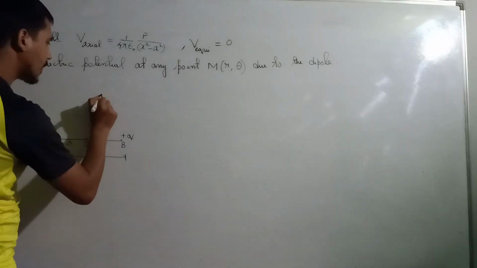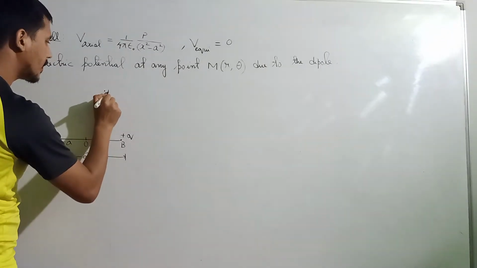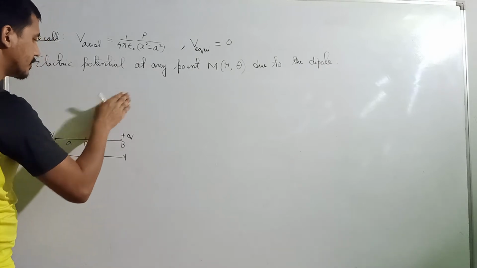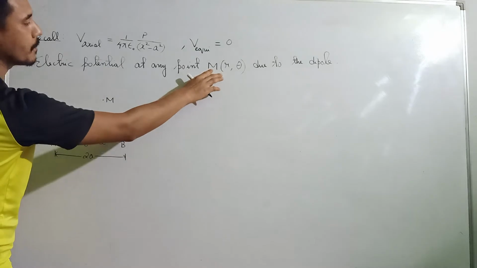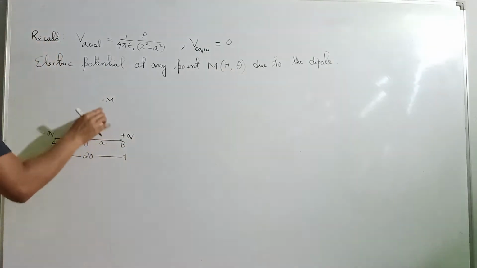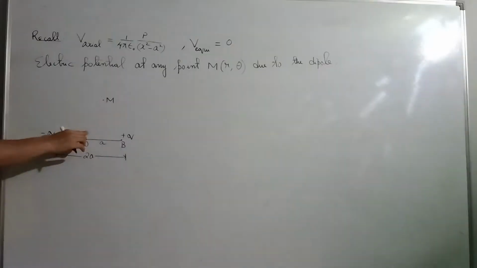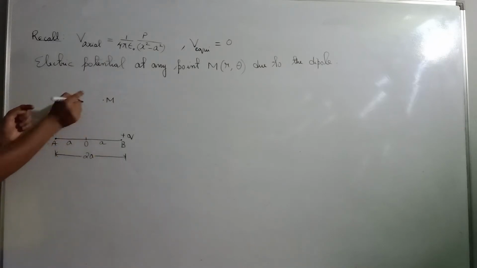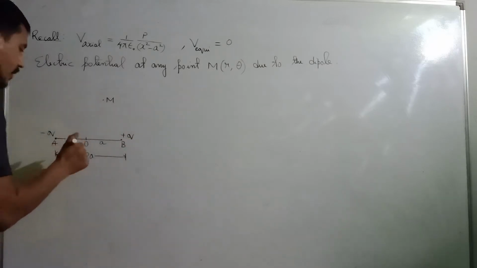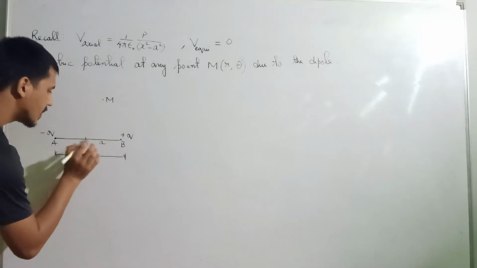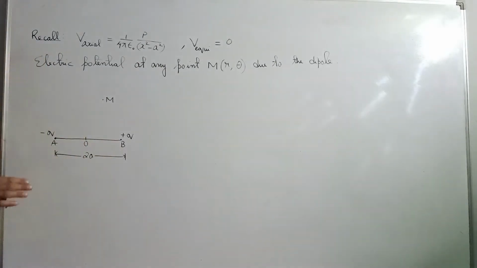Now I'm going to take any point M, such that point M is r theta, means M is at a distance r from the center of the dipole, and theta is the angle made by this M with the direction of the dipole. Alright? It's obvious that this distance is a, this distance is a, so let me not write anything about it, okay?